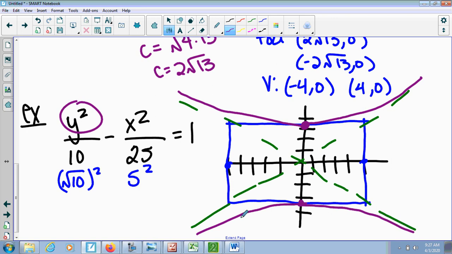Okay, so if I was going to write my vertices down, my vertices will be 0, root 10, and 0, negative root 10.